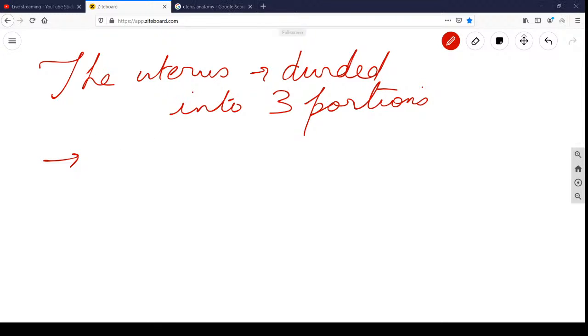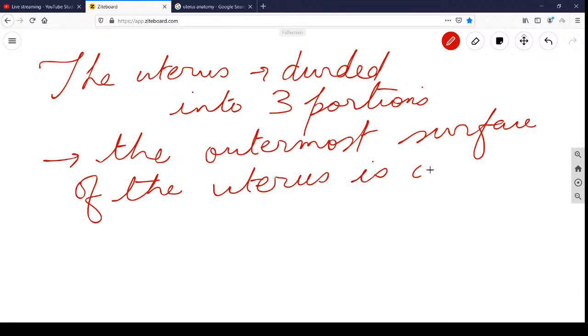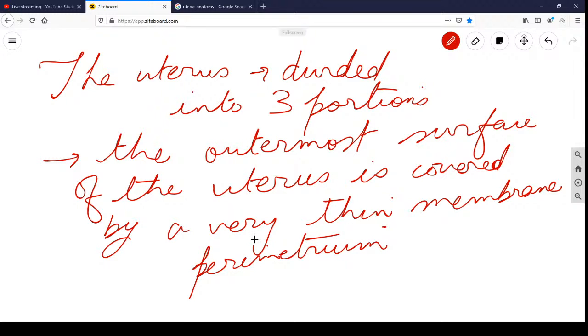The outermost surface of the uterus is covered by a very thin membrane known as perimetrium. Now, what is this perimetrium?